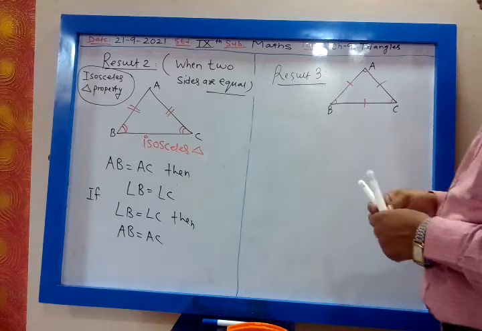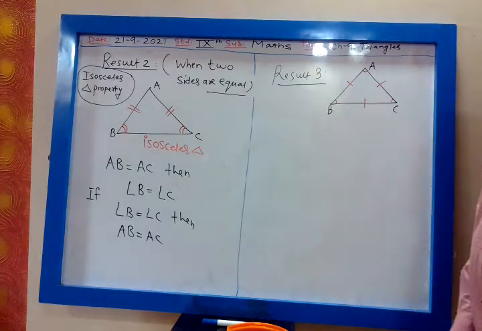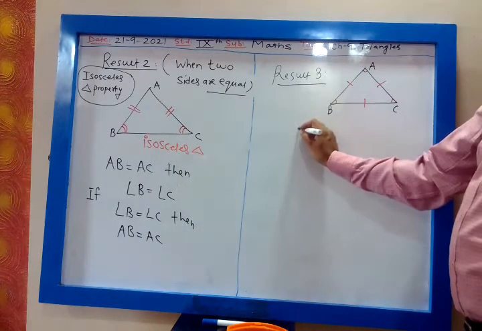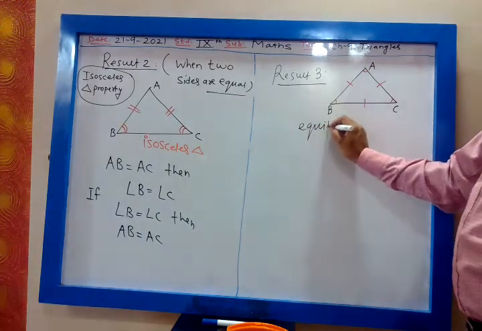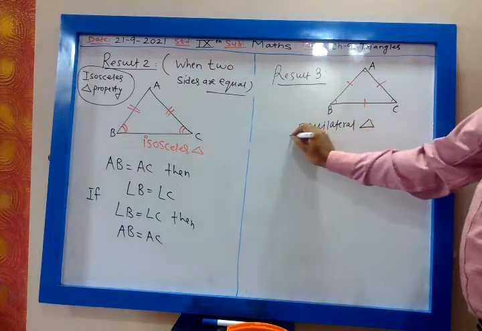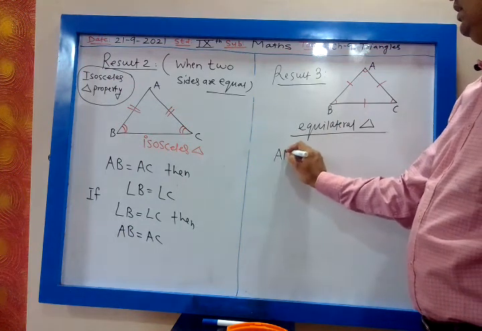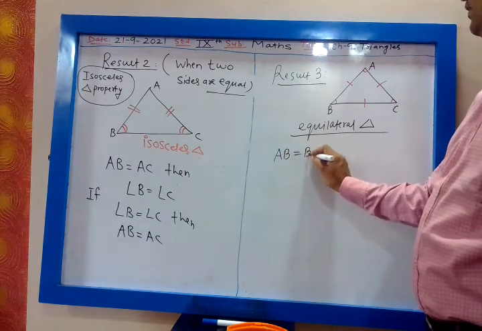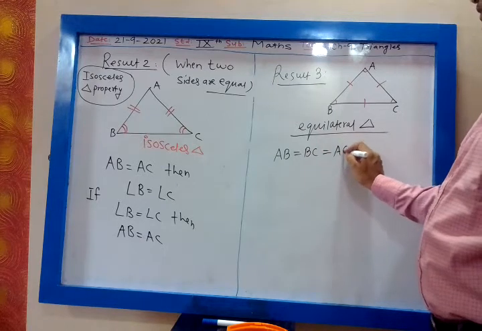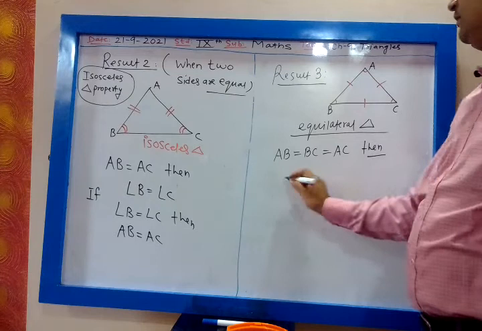So when all three sides are equal, what type of triangle is this? Yes, equilateral triangle. So when all three sides are equal, AB is equal to BC is equal to AC, then all three angles are also equal.